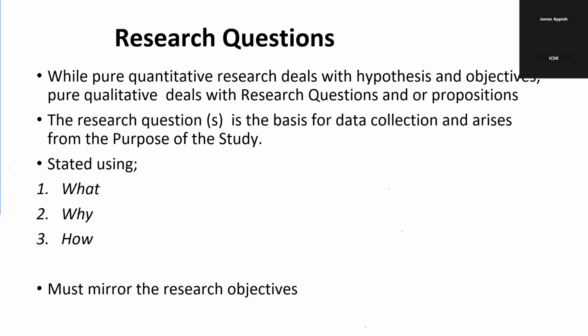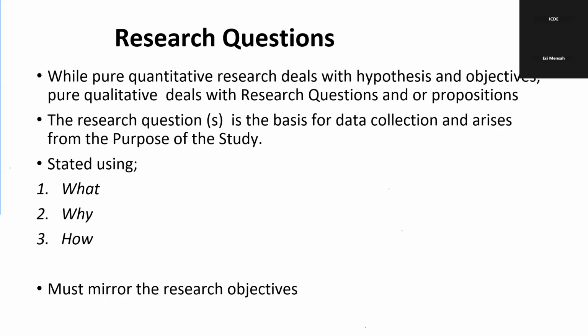I use different language because we don't want to see research questions all saying what. There should be variation. So some of them should be starting with what, some with why, some with how. The what questions are like first level. What exists? What are the factors? What are the challenges?